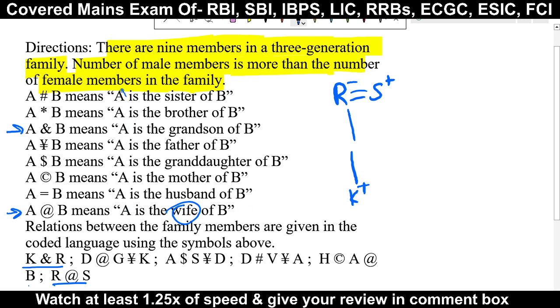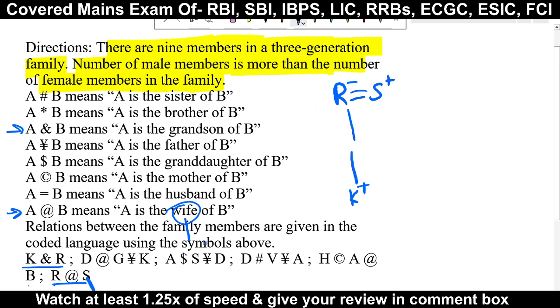These are only to know whether the coded blood relation is reverse or just simple. This is a simple question, not reverse. In upcoming videos we will see the reverse coded blood relation. So R is wife of S.